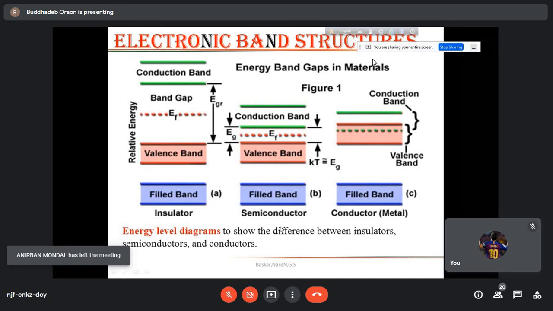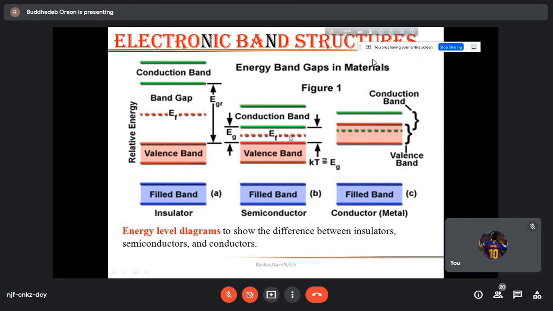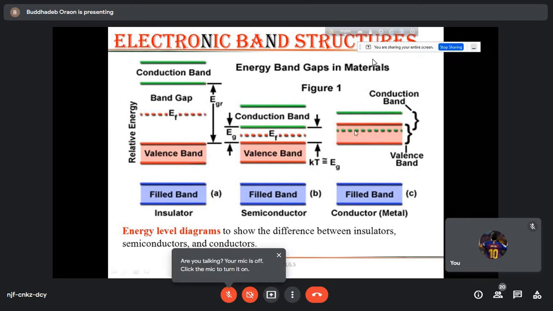In the case of a semiconductor also, the energy gap is low, but the Fermi energy level is at the middle value. In the case of conductors, the Fermi energy level will be somewhere in between. There are some equations for that which can be related. If we know the values of the conduction band and valence band energies, this can be calculated from here.